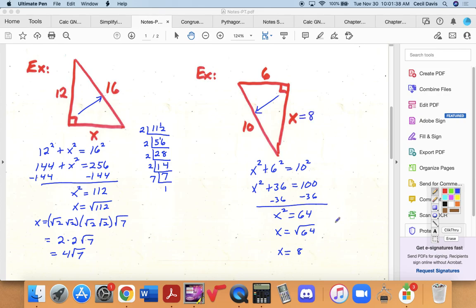Oh, this is another Pythagorean triple. And you may be going, Mr. Davis, why didn't you tell us about this one? Well, I kind of did. I told you about 3, 4, 5, right? This is 3, 4, 5 doubled. 6, 8, 10.